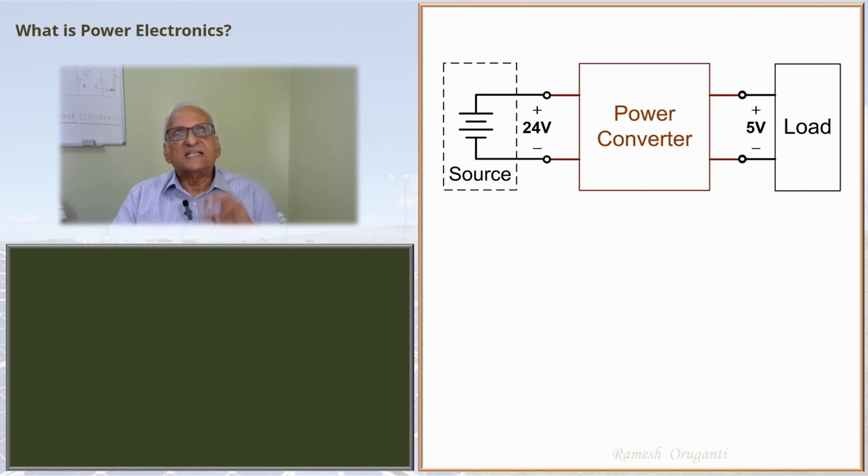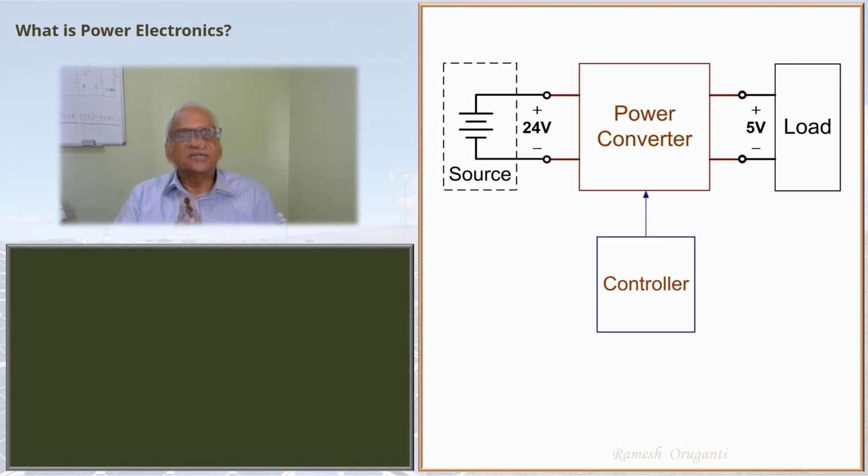So this is done by a controller. Remember, the power converter is an electronic circuit. After all, this is power electronics, so we are doing everything through electronics. The power converter, though it is handling power, is an electronic circuit, and we need to make sure that it operates properly by giving some signals to it.